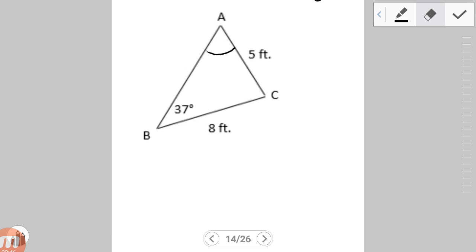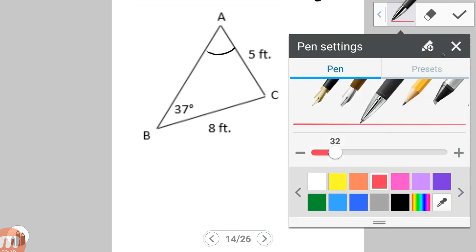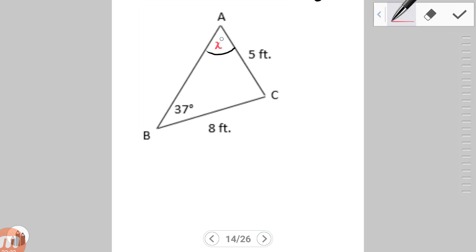But we are provided with 8 feet, the distance between B and C, and we are not provided with the angle in front of the 8 feet. So we are provided with a side, but the angle in front is missing. That is how I know this is the angle I'm looking for. And I have a supporting side and the angle facing it. So we can indicate that the angle we're looking for is marked by x degrees, or you could simply say angle A.